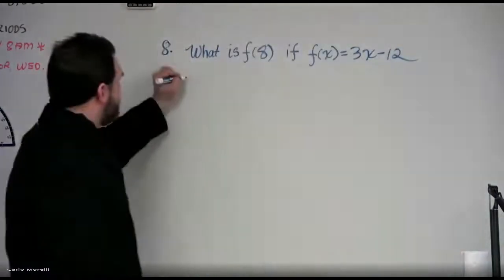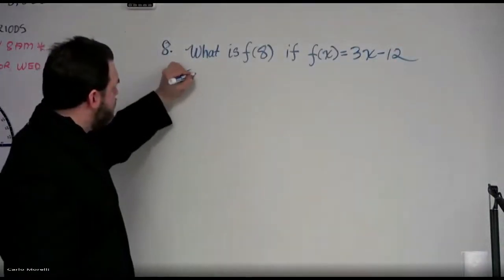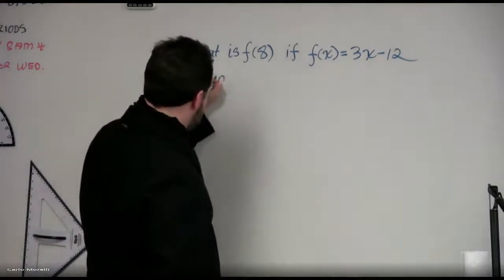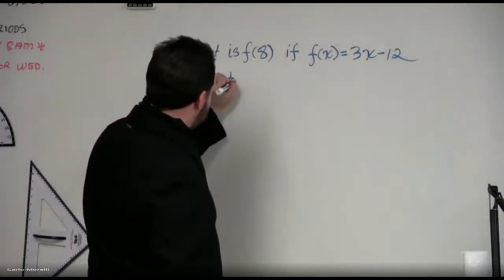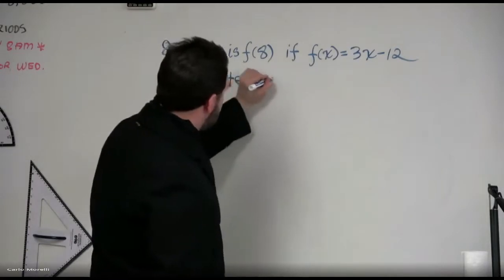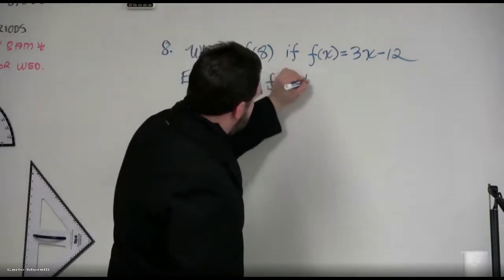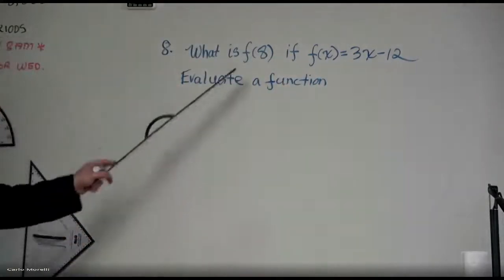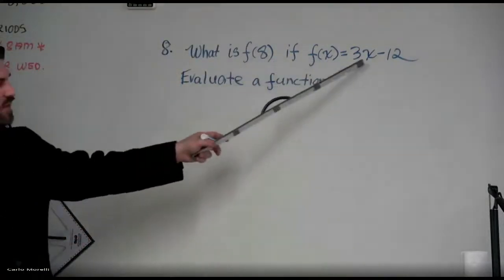Okay, so this is called evaluating a function. E-V-A-L-U-A-T-E, evaluate a function, okay? That's what we're doing here. What it really means in practice is just plug in the 8 everywhere you see an x.